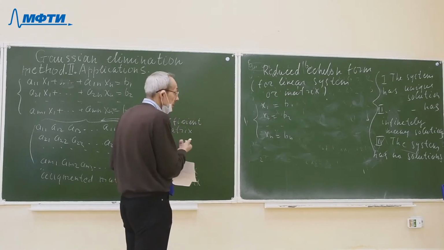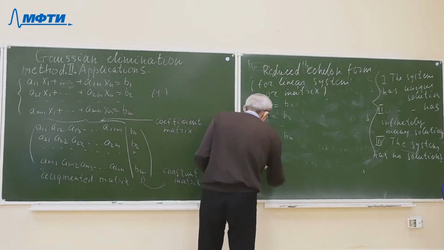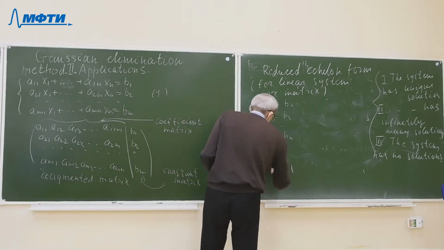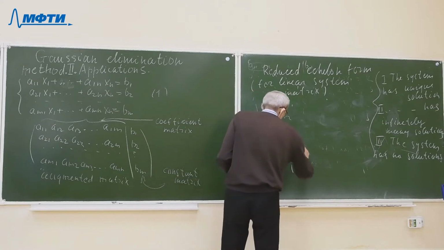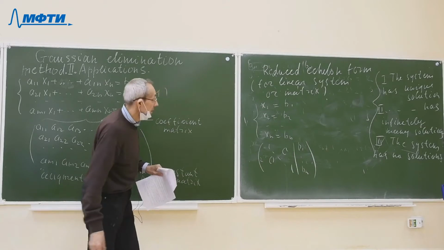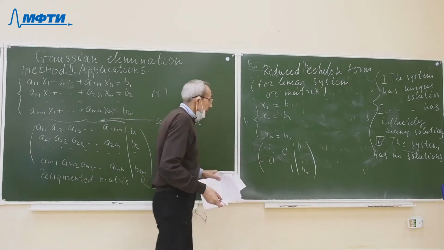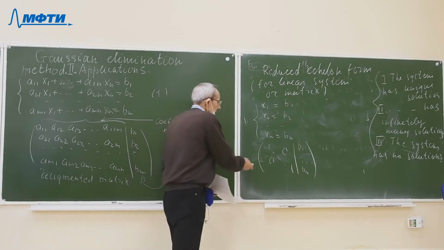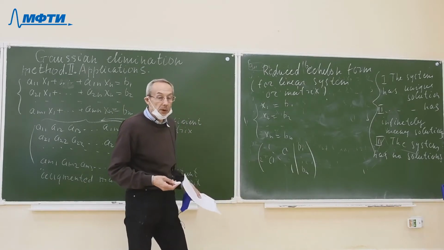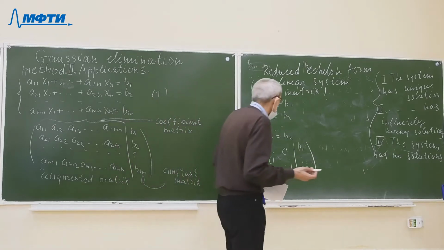The matrix which corresponds to the solution has the following form: the so-called identity matrix. And if we obtain this matrix, we solve our linear system.